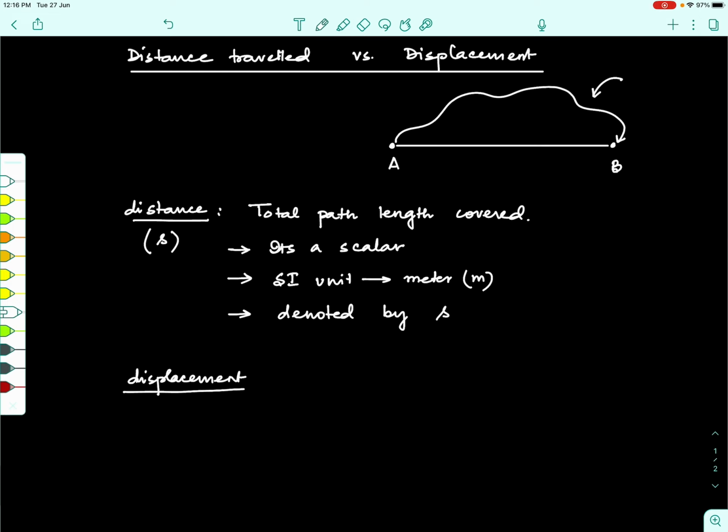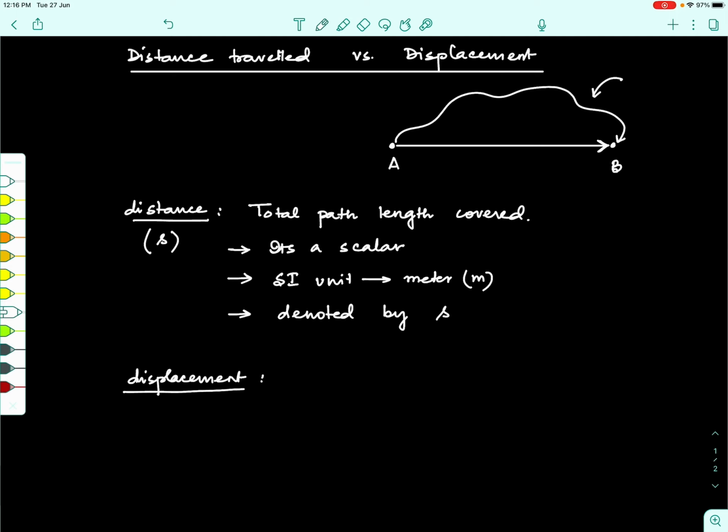Not just that, displacement has a direction associated with it. Displacement points from the initial position to the final position. So as I have drawn this arrow over this line, you understand that displacement is a vector which points from the initial position to the final position. So from A to B in this particular case.